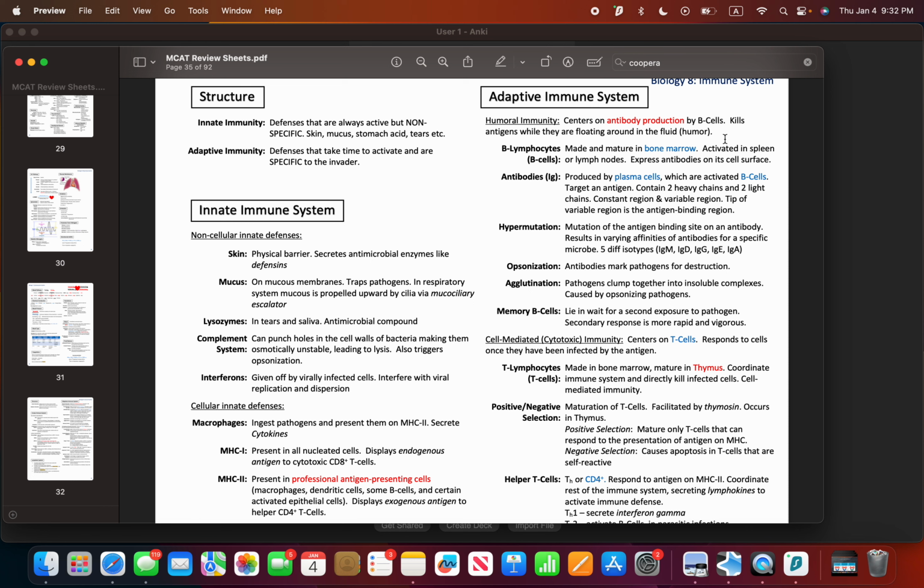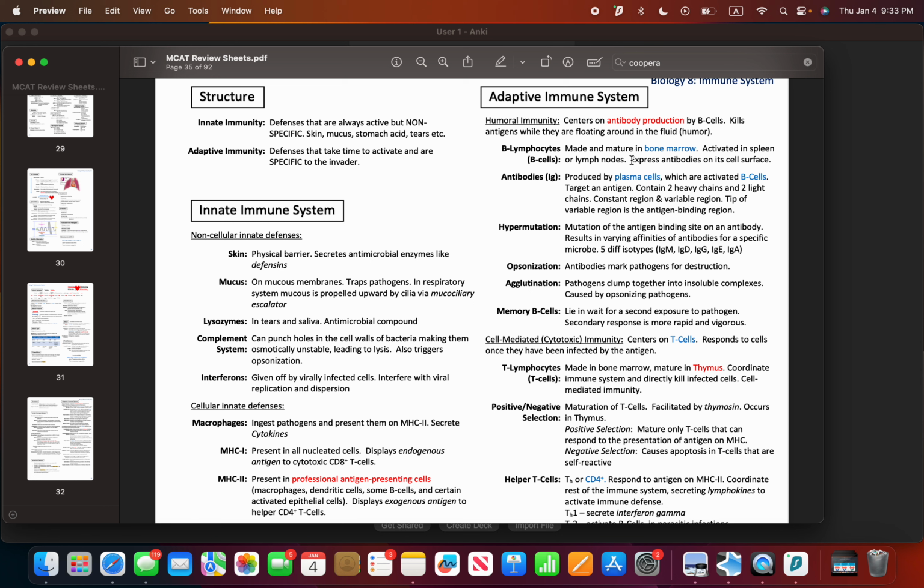So we have B lymphocytes, B cells. They are made and matured in bone marrow. They are activated in spleen or lymph nodes, and they express antibodies on their cell surface.